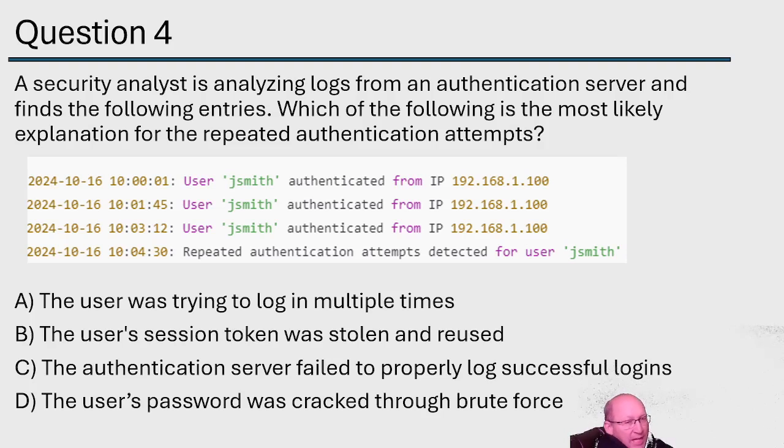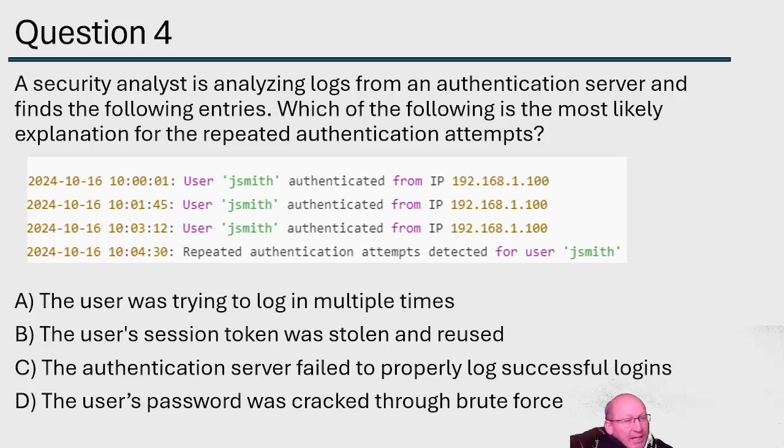Because it's a replay attack. Somebody has gotten through and they've replayed. This is indicative of a replay attack. And so the user was re-authenticated multiple times within a short time frame. This is just so indicative of a token being stolen or the reuse of the token within the confines, right? And so the answer, 100% unequivocally, is going to be B.